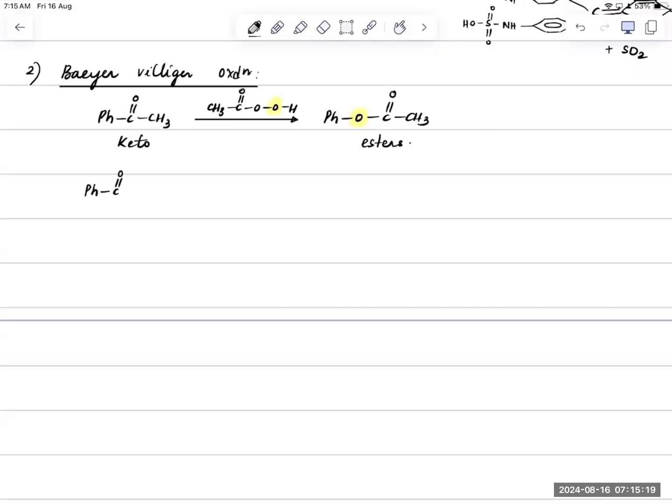Mechanism wise, if you notice, it is like CH3 here, and this oxygen, which is the peroxy group, that oxygen will attack here and rearrange to this. So we will have Ph CO minus CH3 and O. This H I can transfer here with O C double bond O CH3. Again, the lone pair will try to push here, for which there will be migration of the phenyl group.